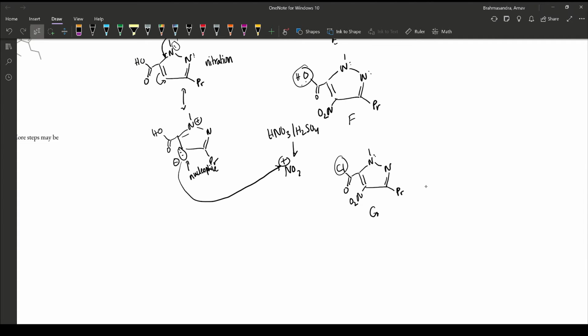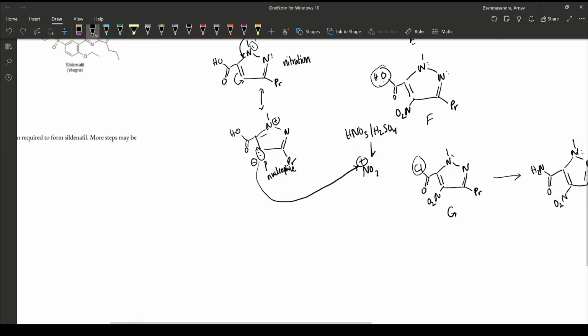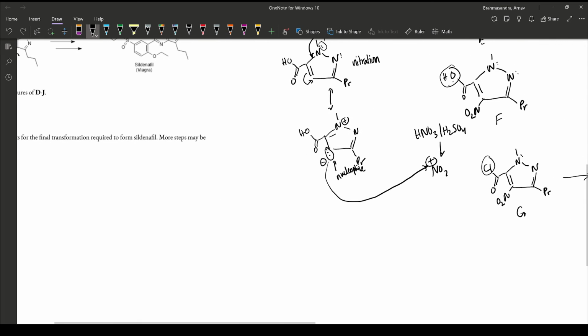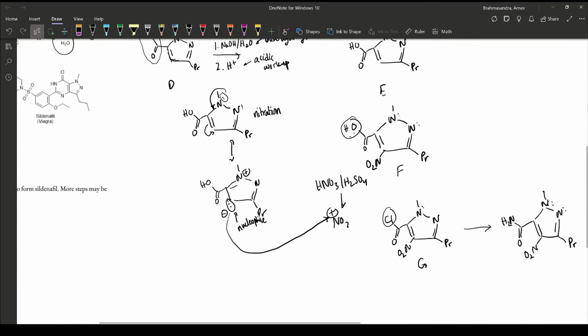So what this is going to do is the amine is going to replace the chloride, and we're going to form basically an amide. So we're going to have NH2 there, and we're going to have something that looks like this, same as before. Everything exactly the same as before, except we replaced our chloride group with an NH2 group. The reason we even made it a chloride group to begin with was for this exact reason, because we wanted to react with it.